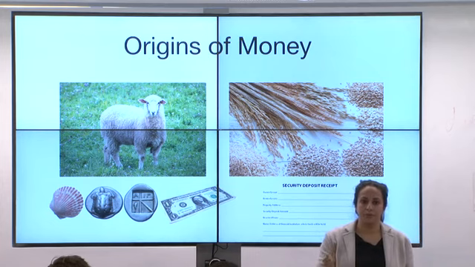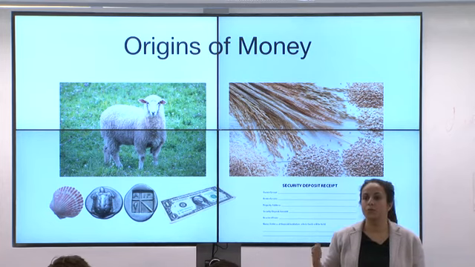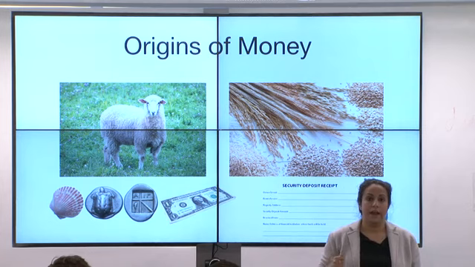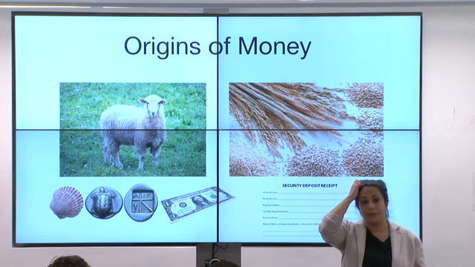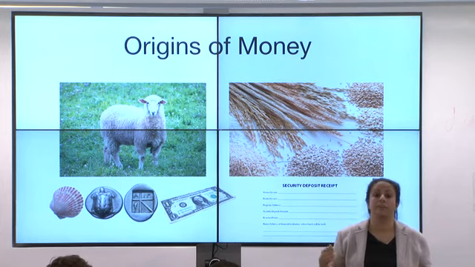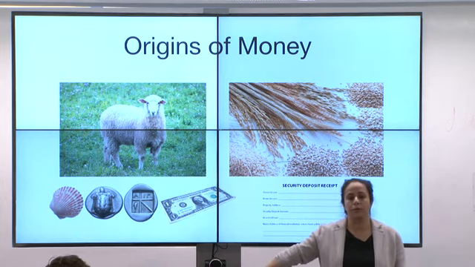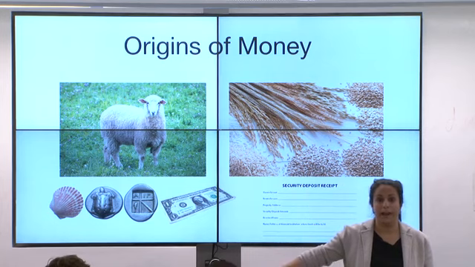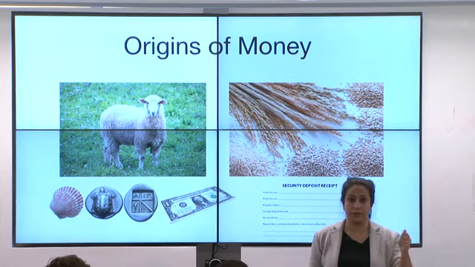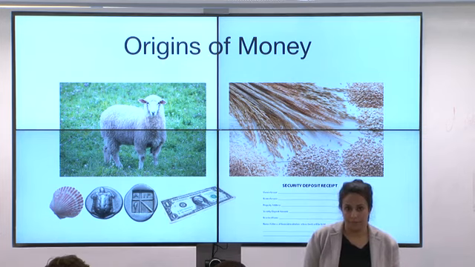It entitles the person who holds the receipt to the good that is being stored. So another theory is that money evolved out of trading these receipts back and forth. Instead of taking all that wool with you, you leave it in a depository, and the receipt acts as a bearer instrument. Whoever owns it has access to the wool in the depository.